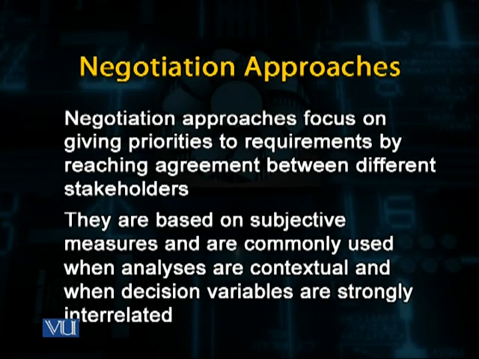And they are based on subjective measures and are commonly used when analyses are contextual and when the decision variables are strongly interrelated. These are the two fundamental or broad categories of the ways requirements prioritization techniques have been classified.